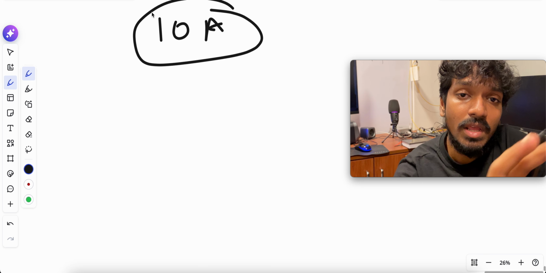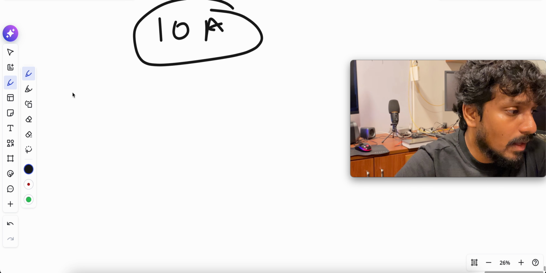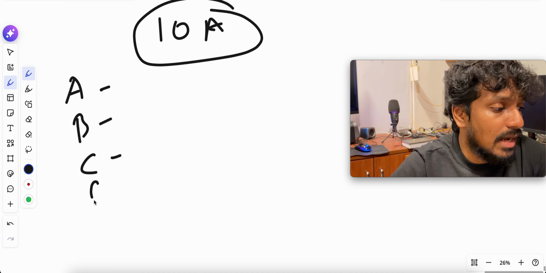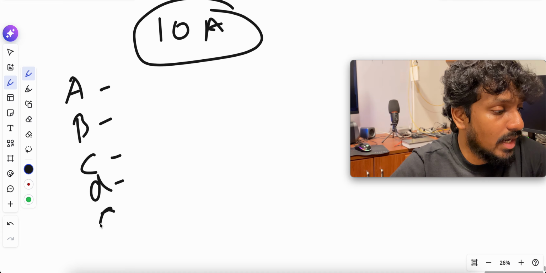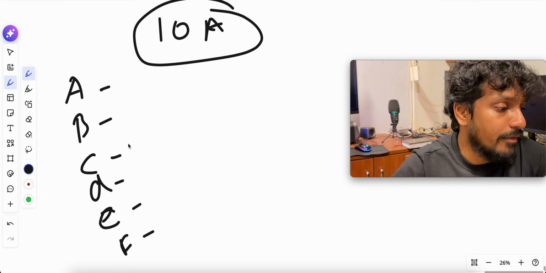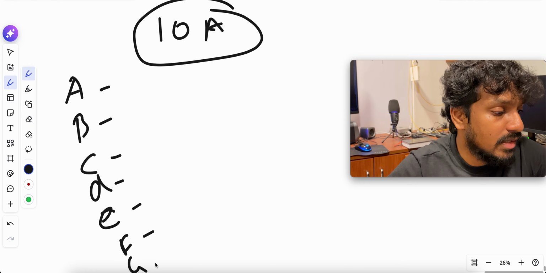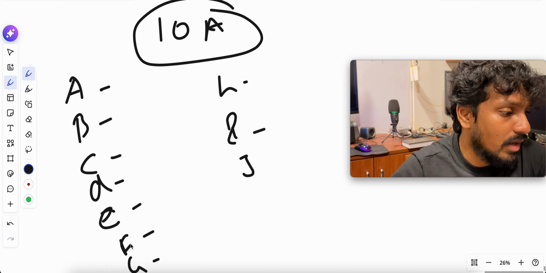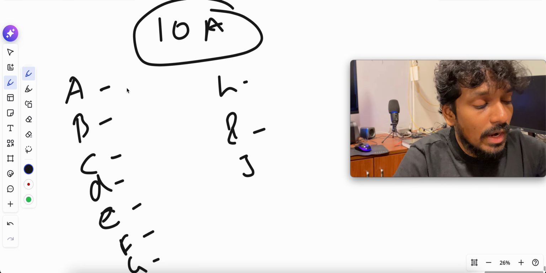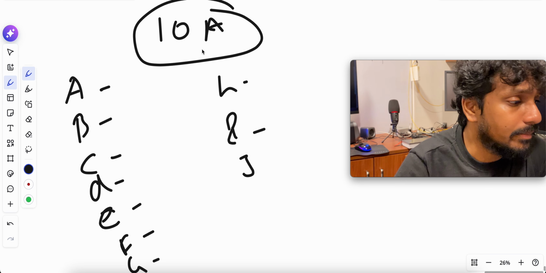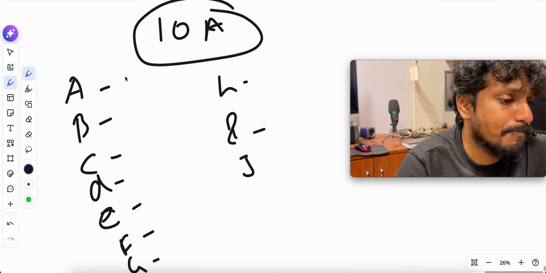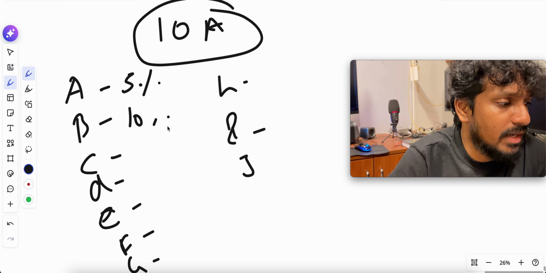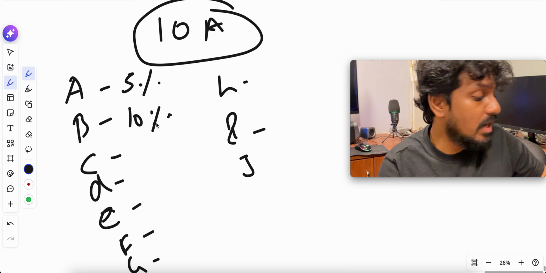So asset A, asset B, asset C, asset D, asset E, asset F, G, H, I, J. Now I'm going to allocate percentages such as 5 and 10, but at last it should add up to 100.